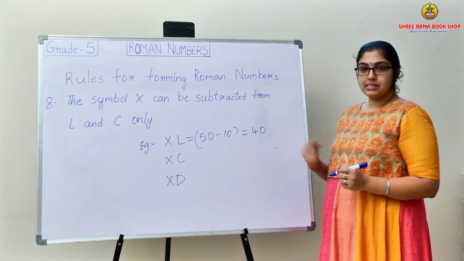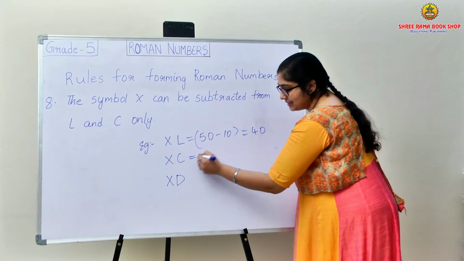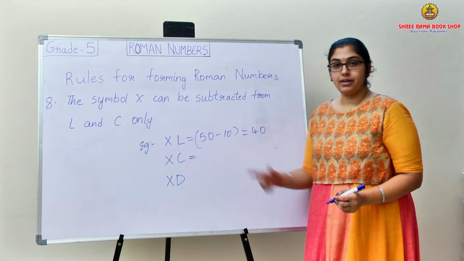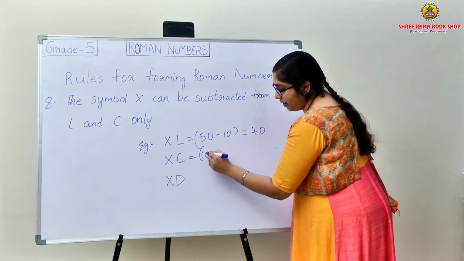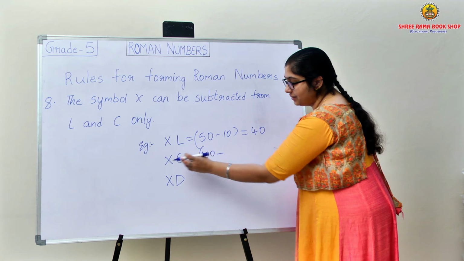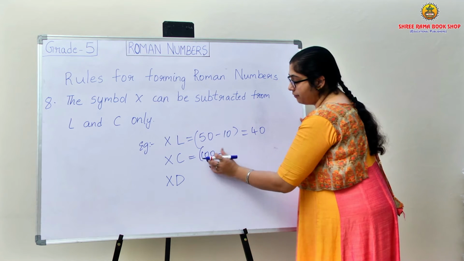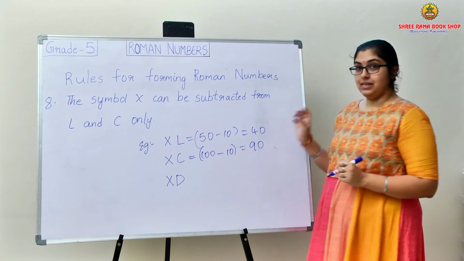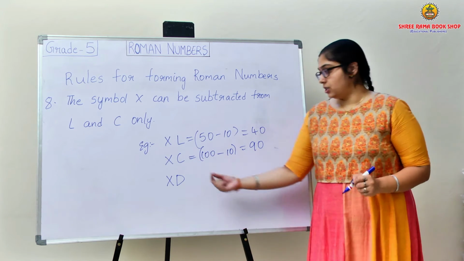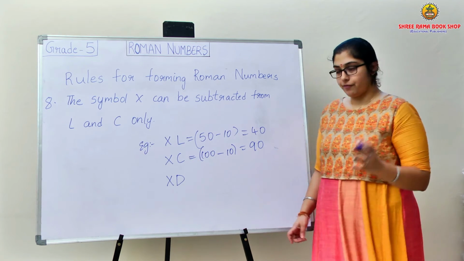So XL represents 40. If I take XC, C is 100 and X is 10, so I am subtracting 10 from 100 and I get 90. So XC represents 90. So what is XD? D represents 500.